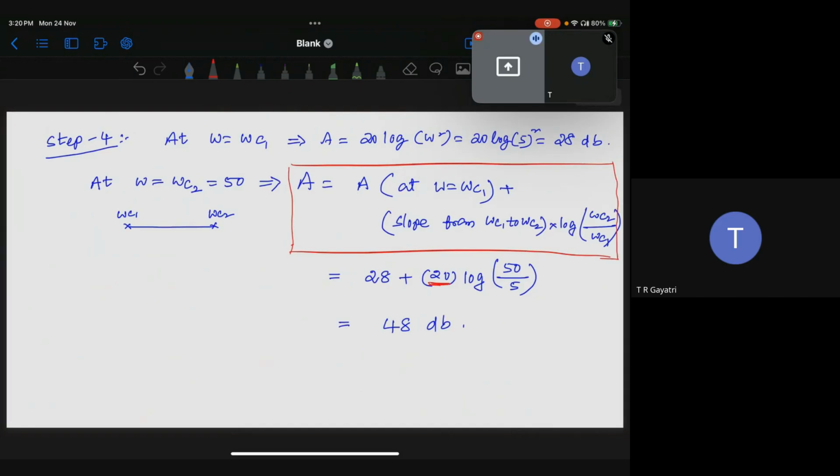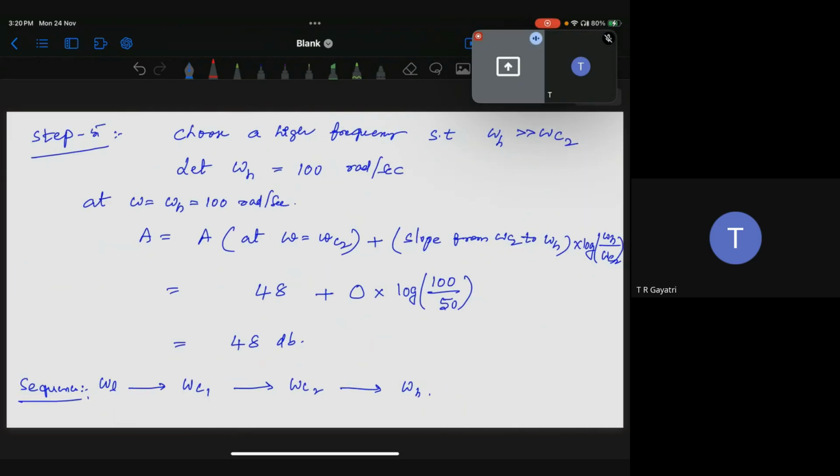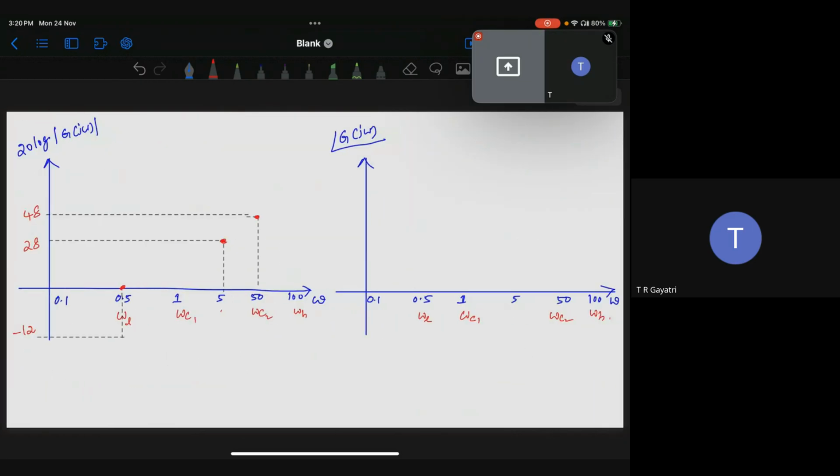At omega C2 the value is 48. At 100 the value is again 48.